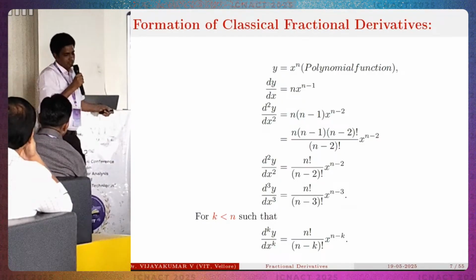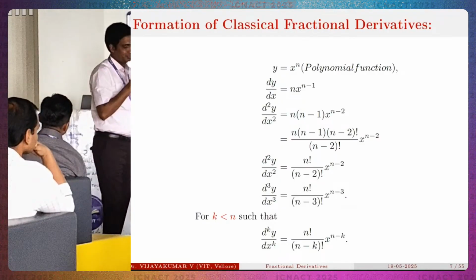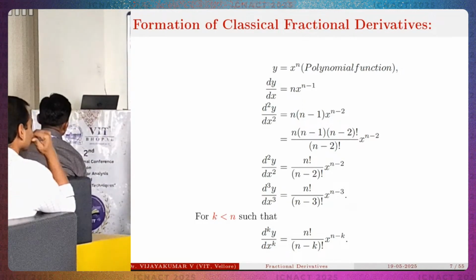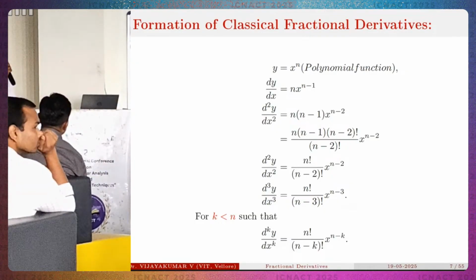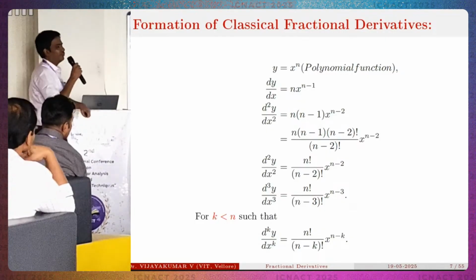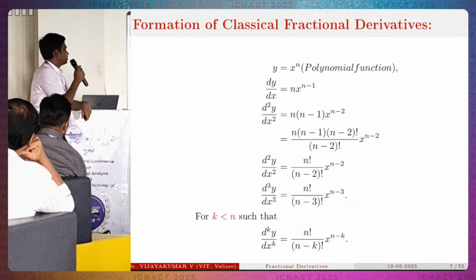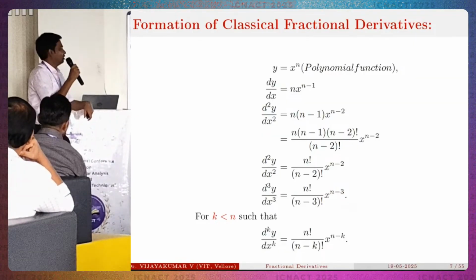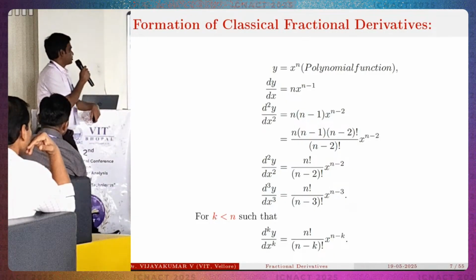So my talk title is also like this: a journey from integer to fraction. Everyone learning the basic things about fractional derivatives starts from integer order. Deriving the solution or derivative based on fractional order also started from integer order. So I start with y equal to f of x equal to x power n, a polynomial function.